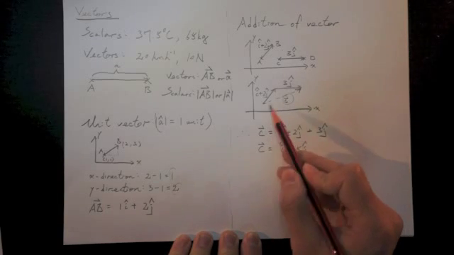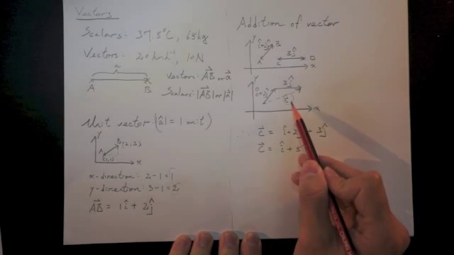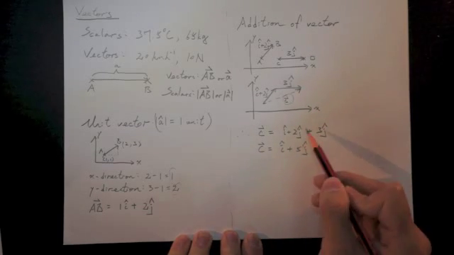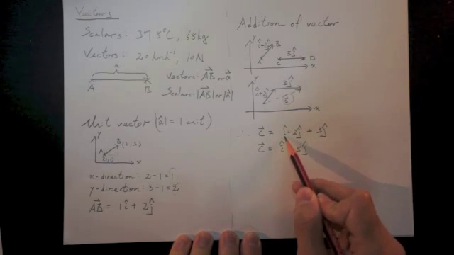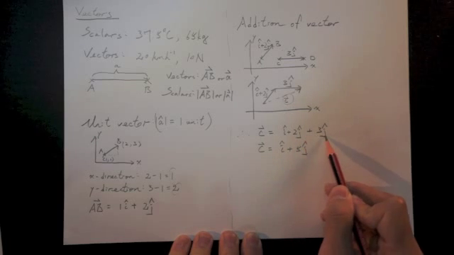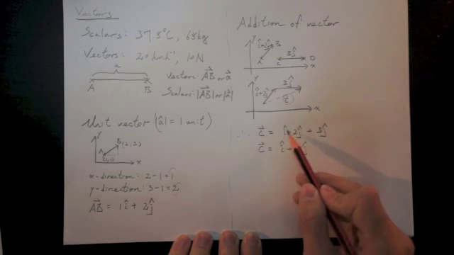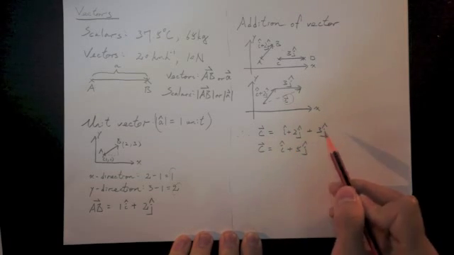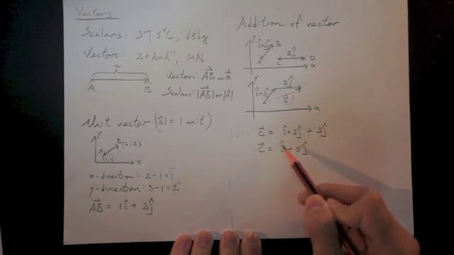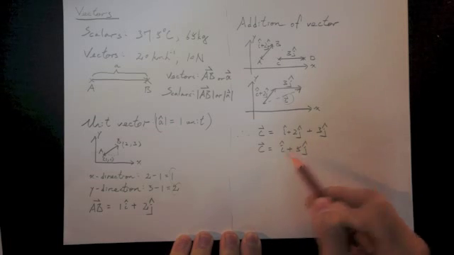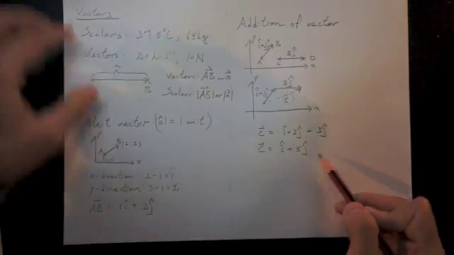If we want to calculate the resultant vector C, we have AB plus CD, that is i plus 2j plus 3j. And also, we add them up part by part. For the unit vector i part, we have only one i, but for the j part, we have 2 plus 3. We have 5j.